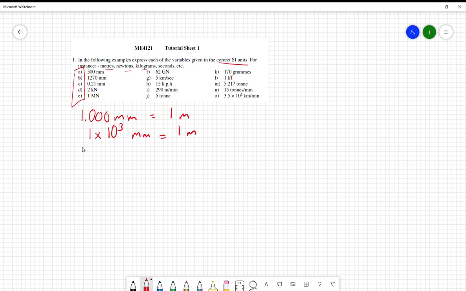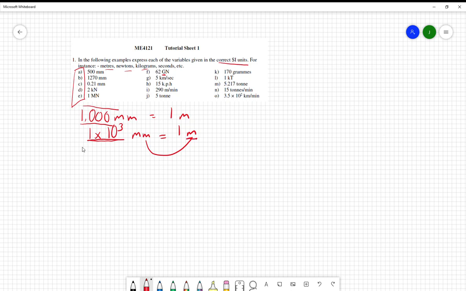You need to know what giga means, what mega means, what kilo means in terms of the actual quantity of the number. There are two parts, the number itself and the unit, and when we use letters like G, giga, what does it mean in terms of the actual physical number? Because that will help you get to your correct SI unit, which in this case is meters.